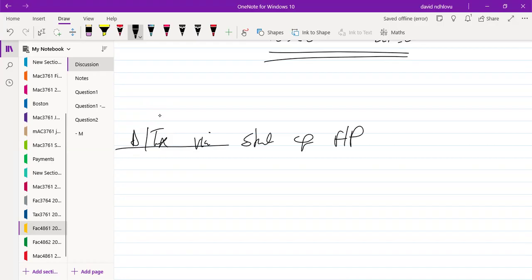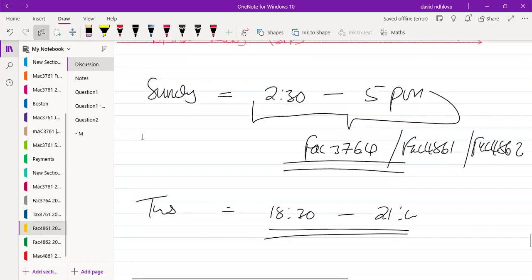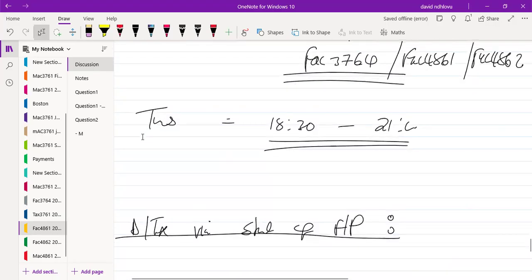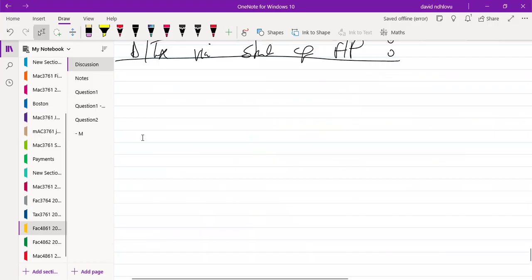So I will be teaching the statement of financial position on Sunday. Then on Tuesday, we're just going to be doing maybe 2 questions to practice more. So when you do the statement of financial position, you must understand that these temporary differences that we're talking about here, they also impact the statement of financial position.